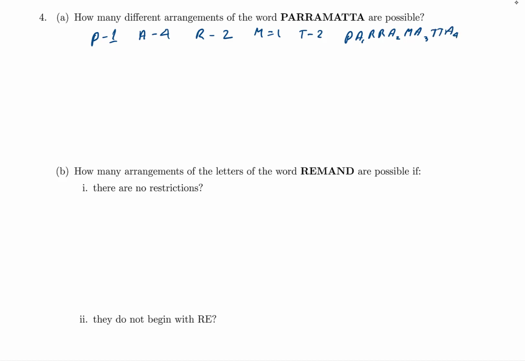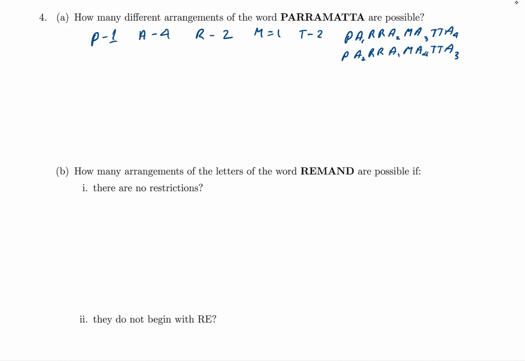So then next time I use P, A2, R, A1, M, A4, T, A3. So do you see any changes in this word? No, right? Even if you change the A position, it's not different. Why? Because A is the same, right?